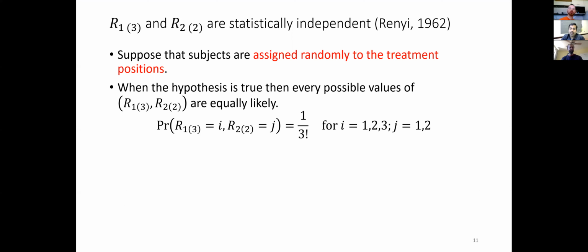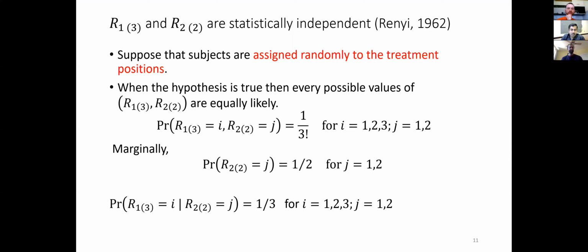All of them have probability 1 over 3 factorial, which means R22 has a marginal distribution that is just a coin flip, and the conditional distribution of R13 given R22 is again uniform. So using just the fact that the treatment assignment was random, R13 and R22 are independent. It's a very simple calculation that follows immediately once you write down the joint.